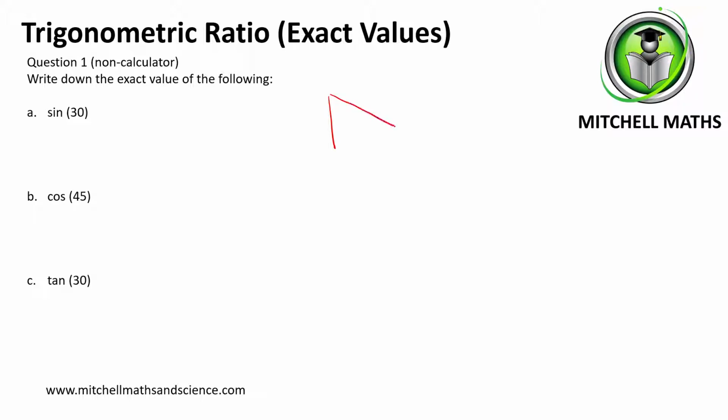If I draw the triangle, it'd be 30, 60, with sides 1, root 3 and 2, which is just the triangle we drew on the last slide. To find sine 30, I need to do opposite over hypotenuse. So from 30, the opposite is 1 and the hypotenuse is 2. So it will be 1 over 2, because we know that sine angle equals O over H.